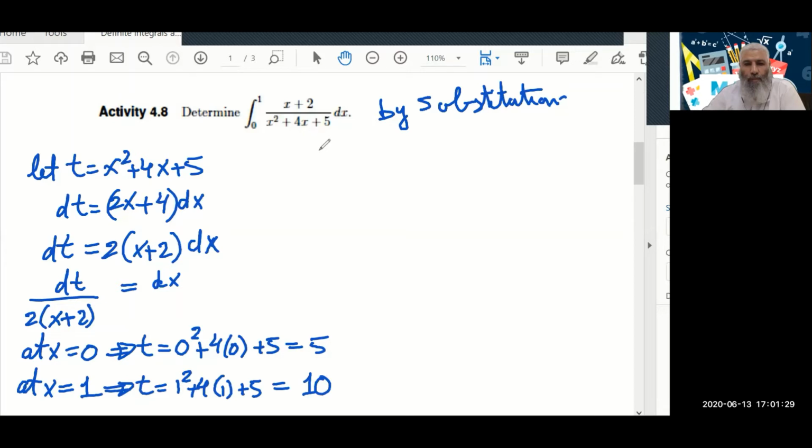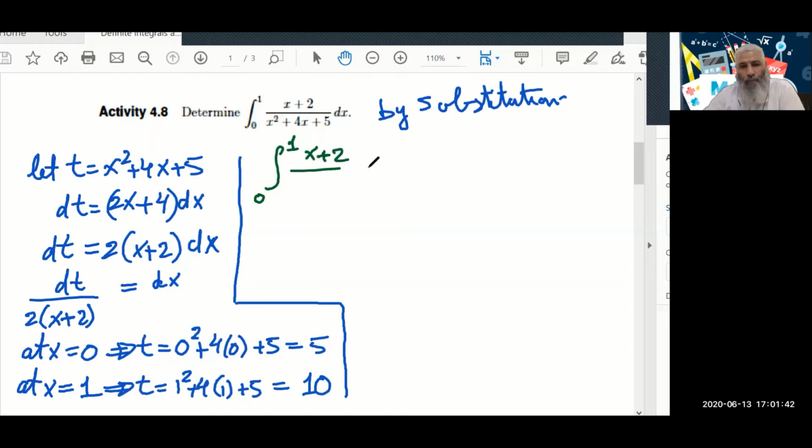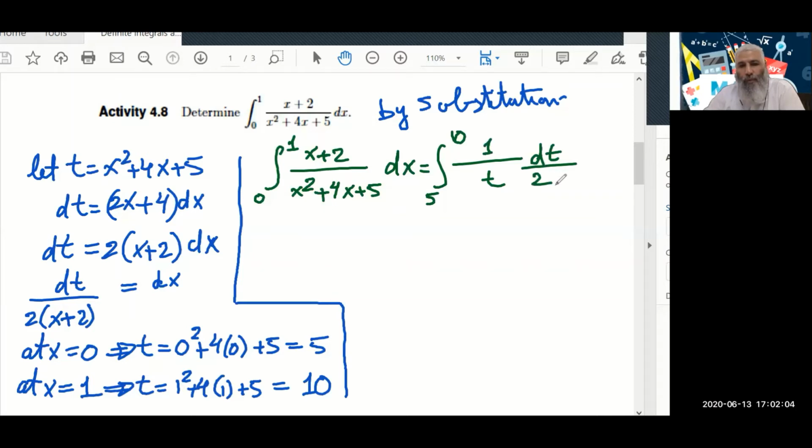Ustaz, for example, how can we do it in this situation? We have x plus 2 in the numerator, but we also have dt equals 2x plus 4. How can we write x plus 2? We'll do it now. So this is from 5 to 10, t, and dx is dt divided by 2 times x plus 2.